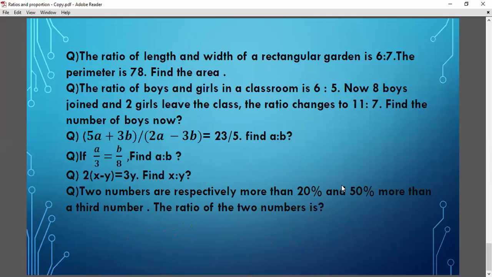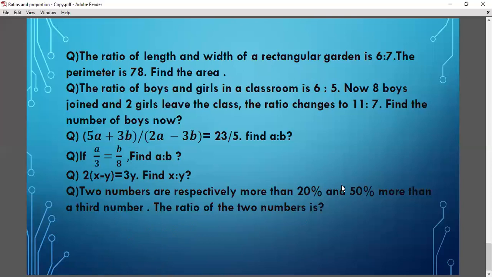Next question, and that is our last question for today. It is simply saying two numbers are respectively 20% and 50% more than a third number. So the ratio of the two numbers is... Two numbers are given and they are 20% and 50% more than a third number.